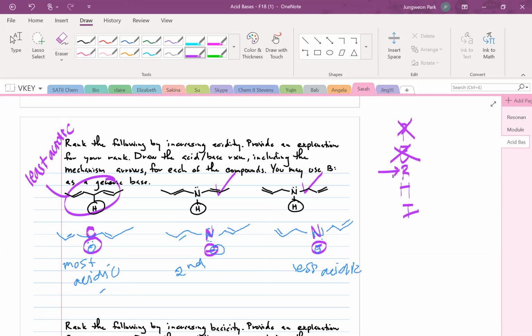The third one doesn't have resonance. So the second one is most acidic, then the first one, and then the third one is least acidic. I would say 2, 1, and 3.